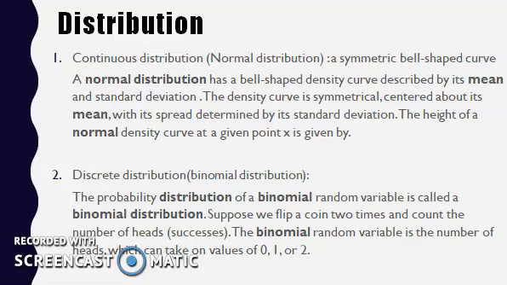The binomial random variable is the number of heads, which can take on value of 1, 2, or 3, or whatever. The more we flip the coin, the more we get the head of a coin.